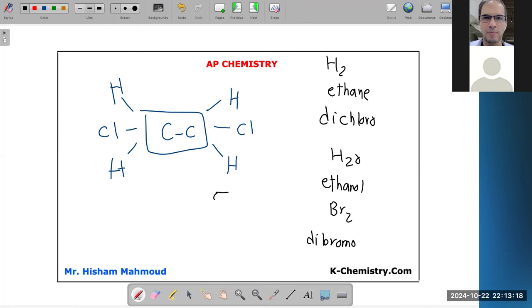You add Cl2, it is dichloro. You add I2, I don't know. Iodo, maybe. You add F2, it is fluoro. You don't know anything about English. Yes, it is a fluoro.